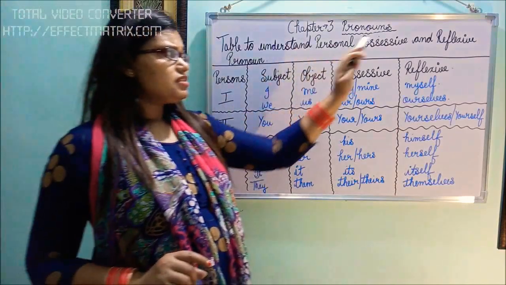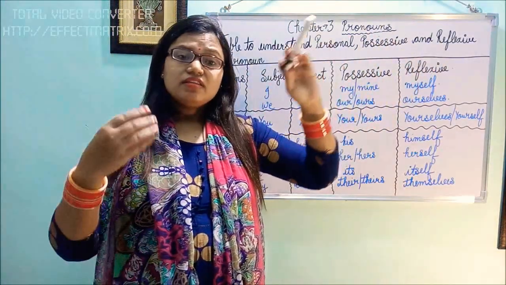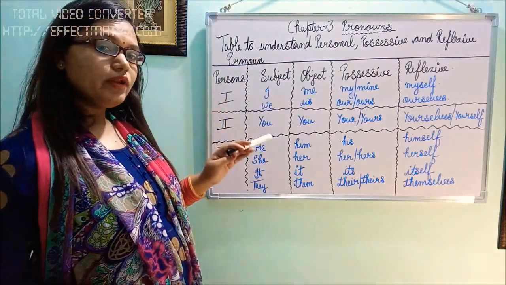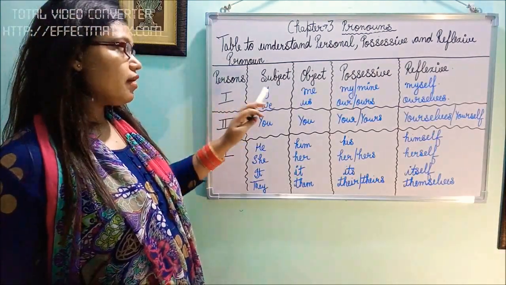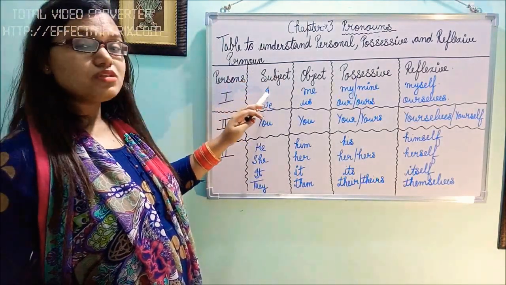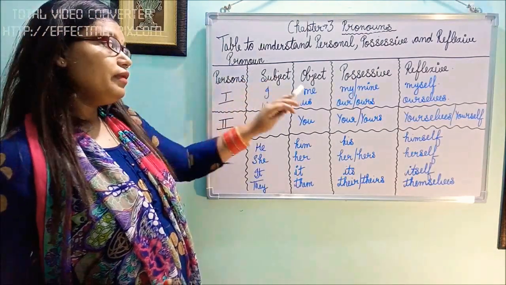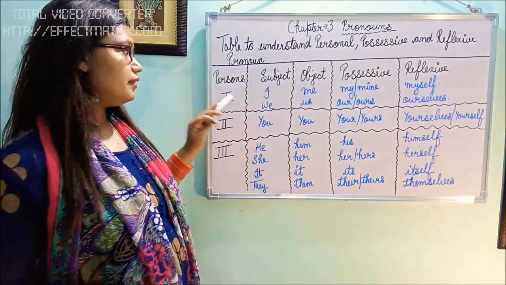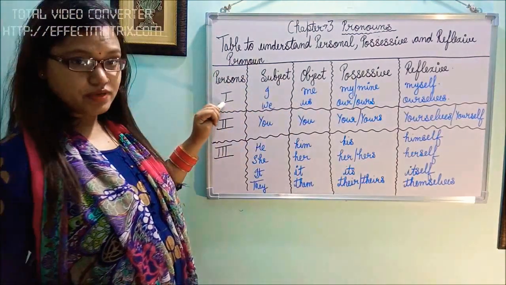Possessive and reflexive are used for personal pronouns only, right? So here the word I is used as a subject and the word me is used as an object. Understand? And they are the first person.